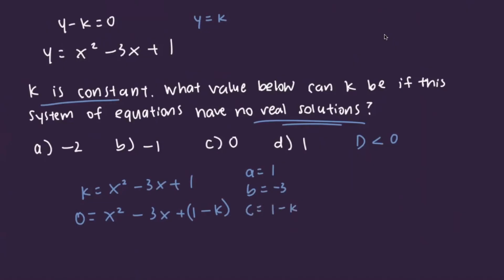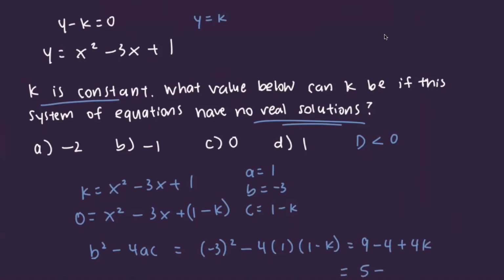So now plug these numbers into our formula for the discriminant, b squared minus 4ac, and we will get negative 3 squared minus 4 times 1 times 1 minus k. We would get 9 minus 4 plus 4k, which is 5 plus 4k.